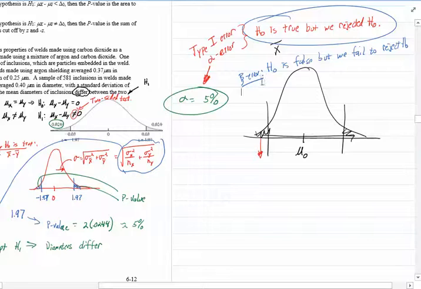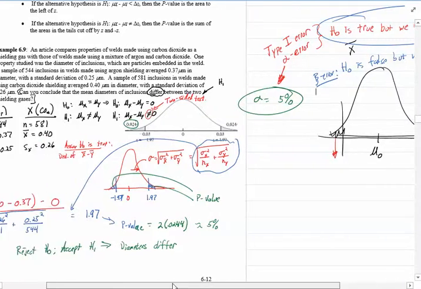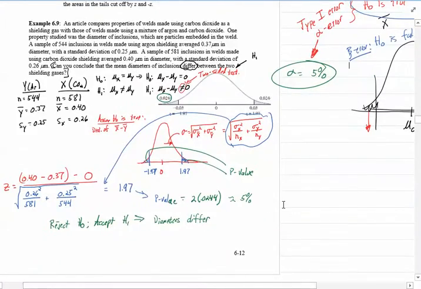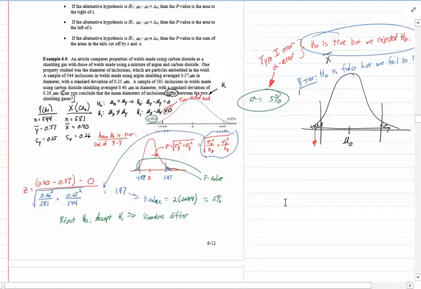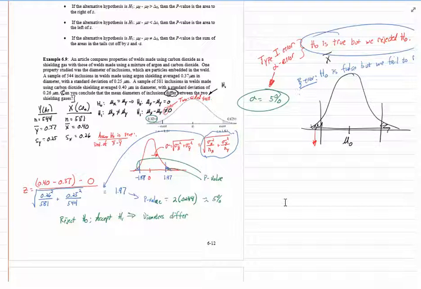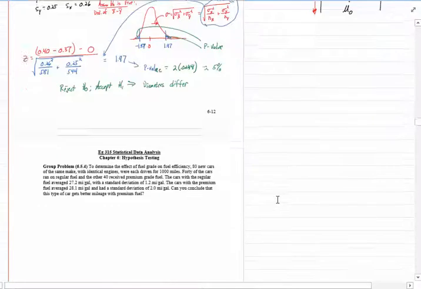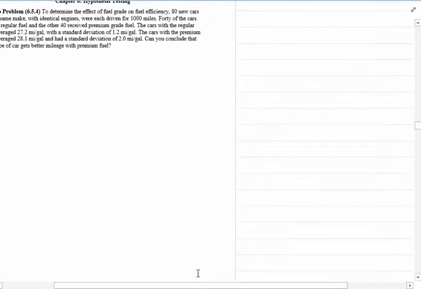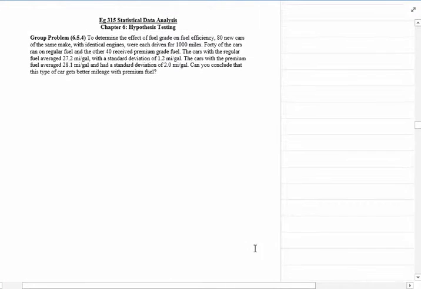Keep in mind when we make these alpha and beta errors, we have no way of knowing. All we see is our data, and we do the test, and hopefully we've done it right, and we hope we haven't committed one of these alpha or beta errors, but we don't really know. Okay, group problem time.